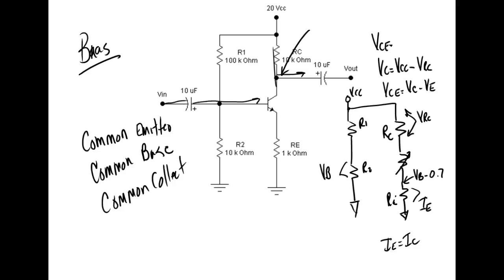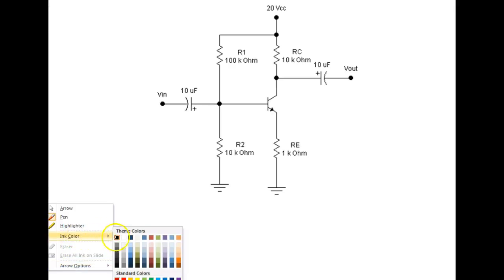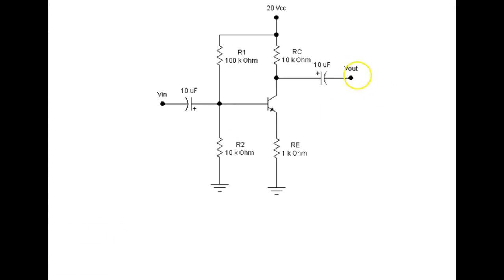So that's where it's generated. So if I came over here and put a load on this thing, let's say I put a 10K load right there. Now that's going to change the gain.